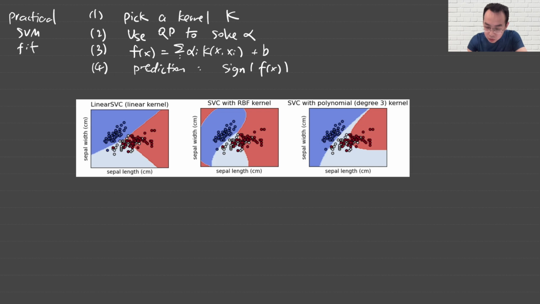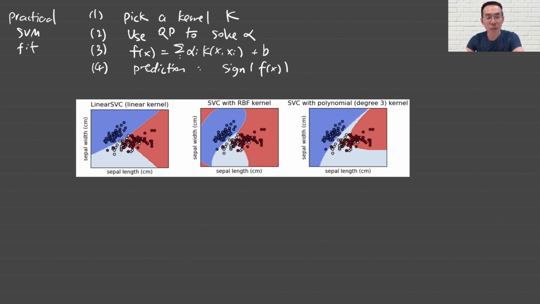Then the RBF kernel and the polynomial kernel have those nonlinear decision boundaries you see here. It seems the RBF kernel has a better decision boundary than the polynomial. It is more flexible, due to the local behavior of the RBF kernel. That is the most common choice for the SVM classifier in practice. We mostly just use the RBF kernel for classifying real problems.